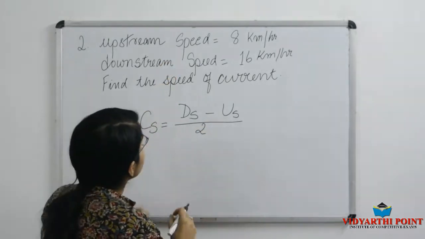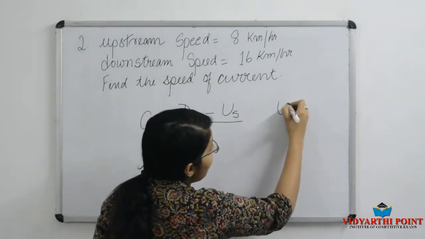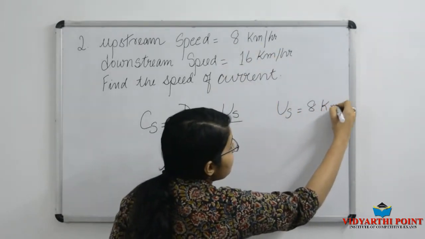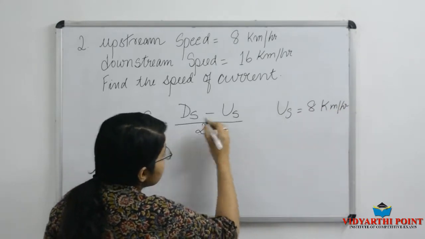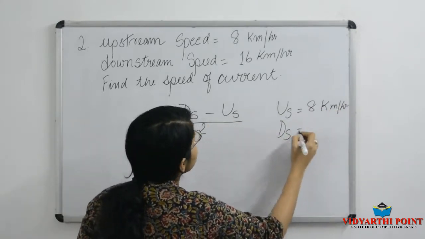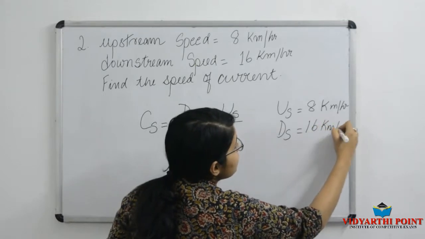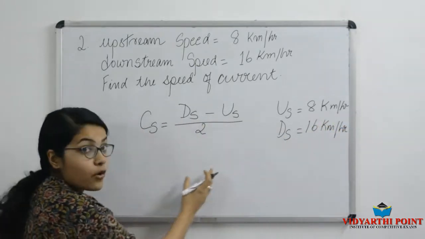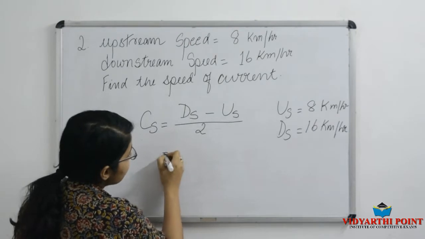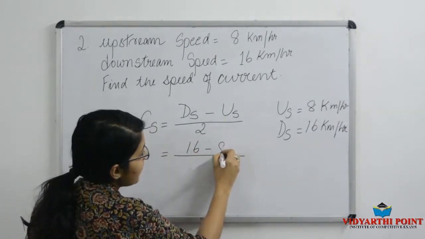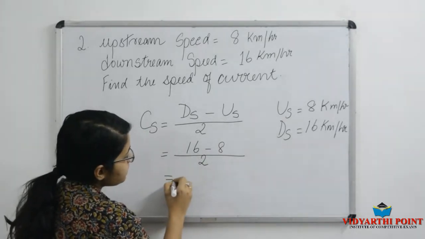Now, from the data we have upstream speed equals 8 km per hour. Now, downstream speed is 16 km per hour. So, we are going to apply the values in this formula. Downstream is 16, upstream is 8, divided by 2.